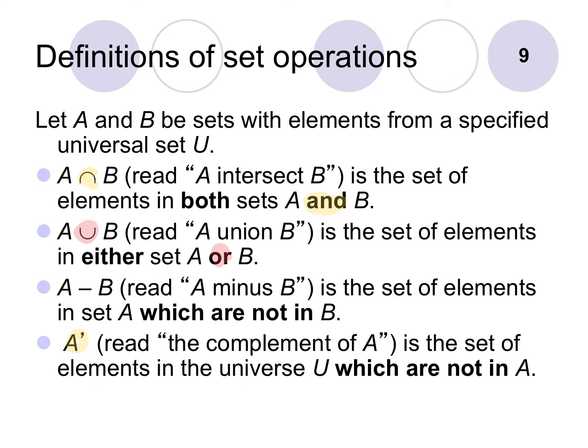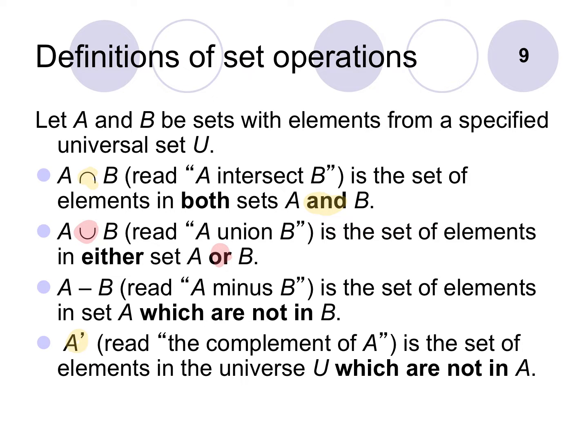So these logical symbols: the intersection corresponds to logical and, the union corresponds to logical or, and the complement corresponds to logical not. The set subtraction is just a special case of using the complement. So it is a common set operation, but it doesn't have a corresponding single operation in our logic world.